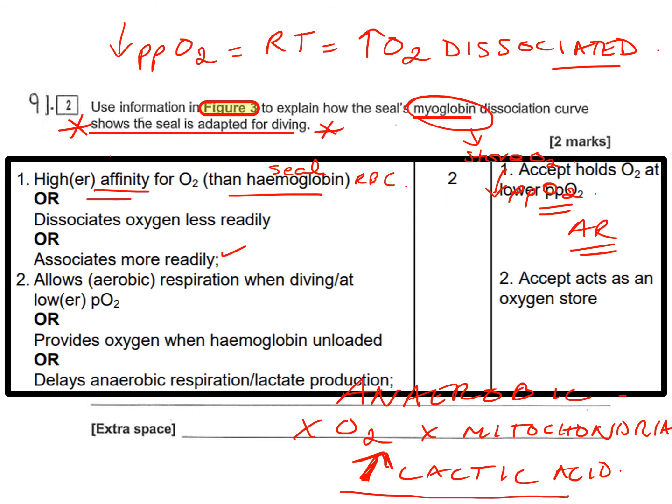This allows aerobic respiration when diving at lower PPO2, or when the oxygen has been used up and fully unloaded from hemoglobin, and therefore it delays anaerobic respiration in the muscle cells of the seal, and it prevents lactate production.